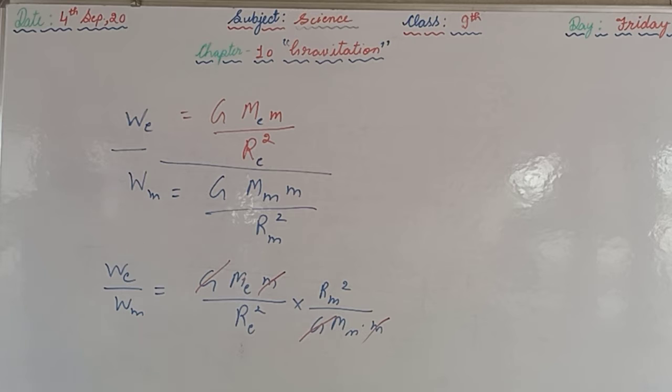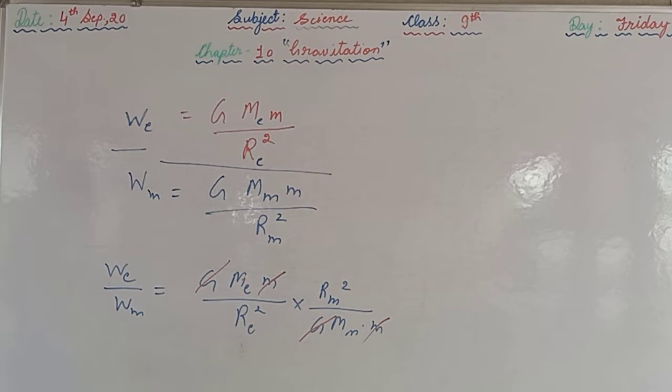Why? Because here there is power 10 raised to power 24 and here this is 10 raised to power 22. At the same time the radius of the earth is 6.37 into 10 raised to power 6 meters, whereas the radius of the moon is 1.74 into 10 raised to power 6 meters, and the radius is also less and mass is also less.